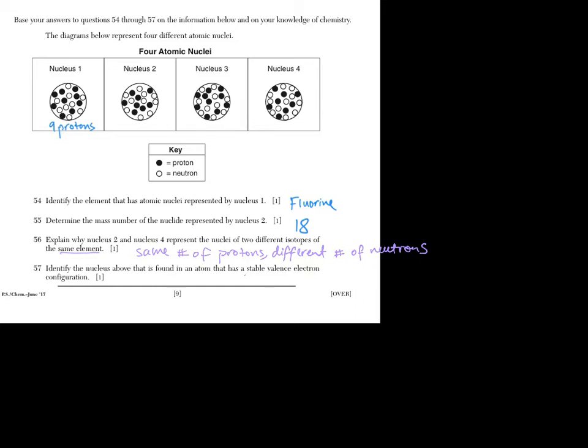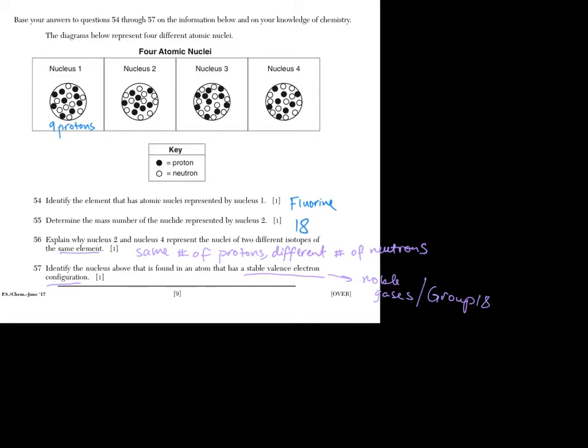All right, stable valence electron configuration refers to noble gases. They are in group 18. So we have to find the nucleus of something that has the same number of protons as a stable valence electron configuration, or noble gas, somewhere in group 18.